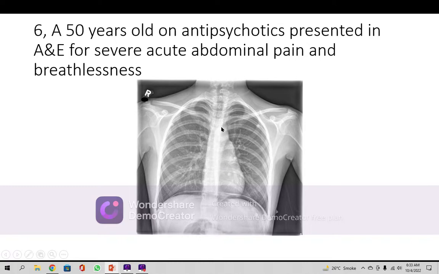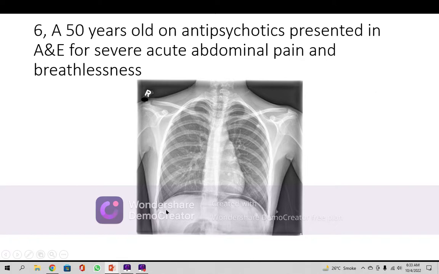This is the whole interpretation. If you see the parameters which I have told you, all are fulfilled properly, and we go for the protocol and see the soft shadows now. Here there are soft shadows, and here below the dome of the diaphragm soft shadows.